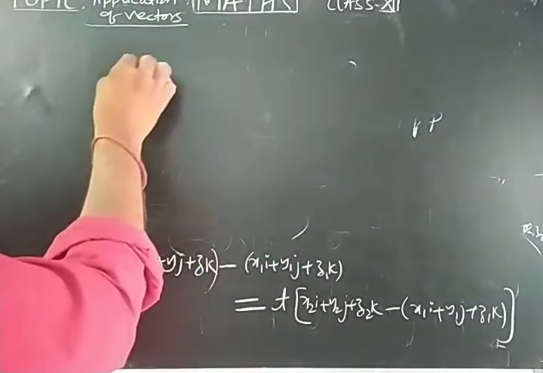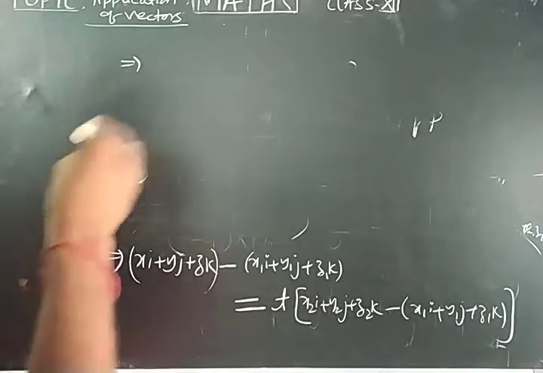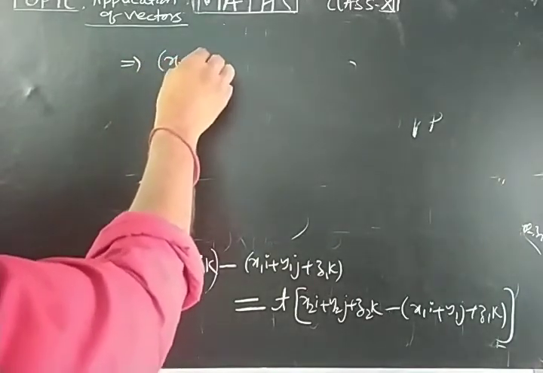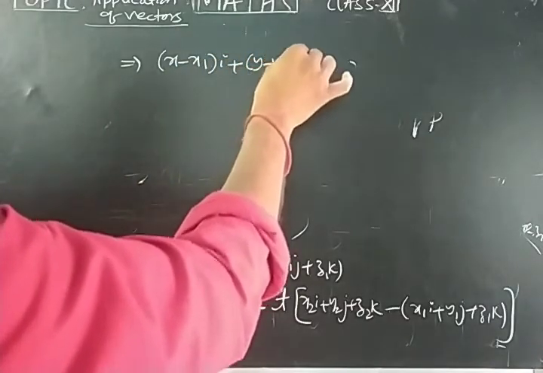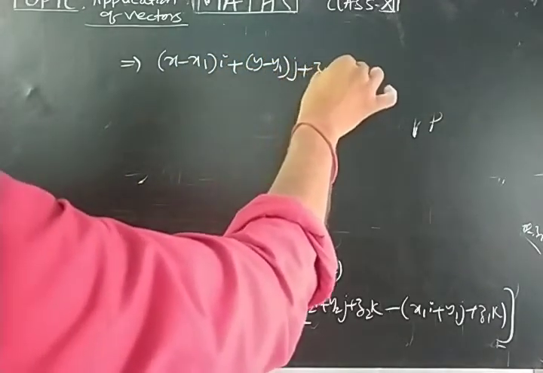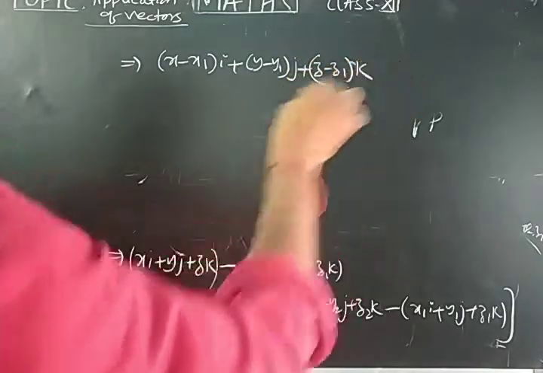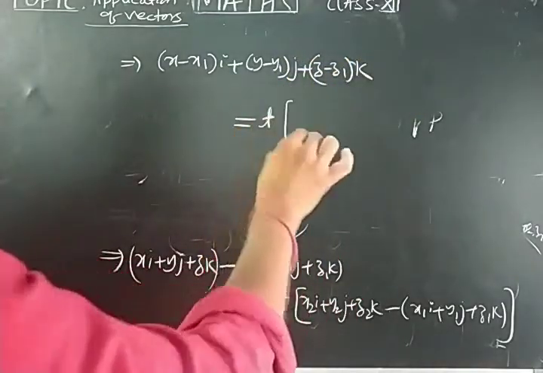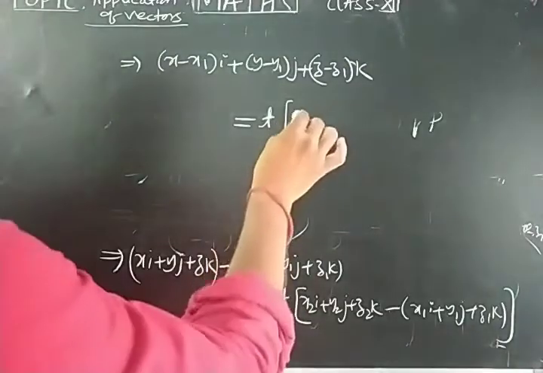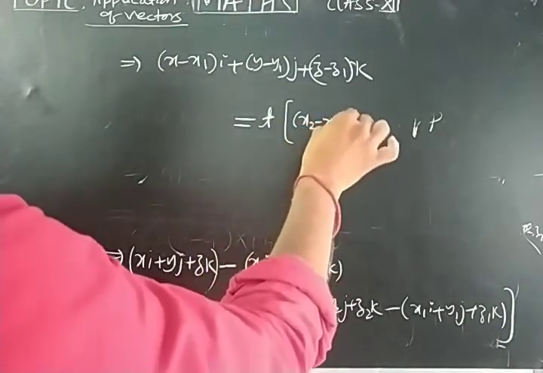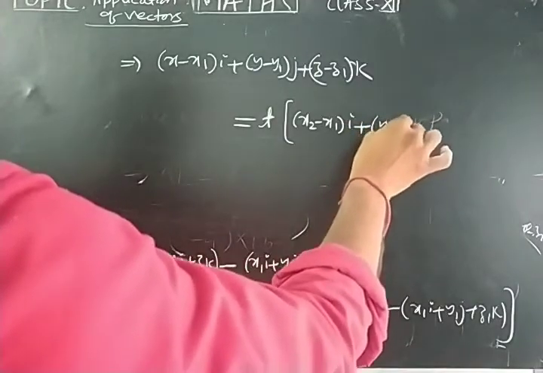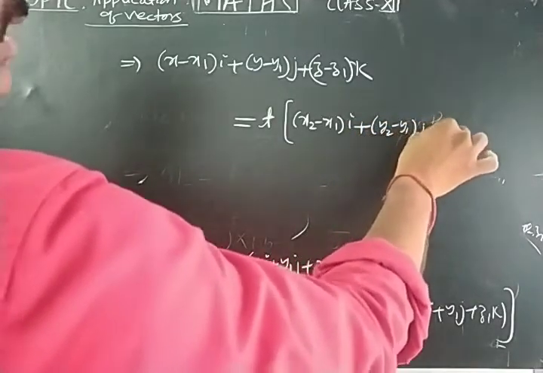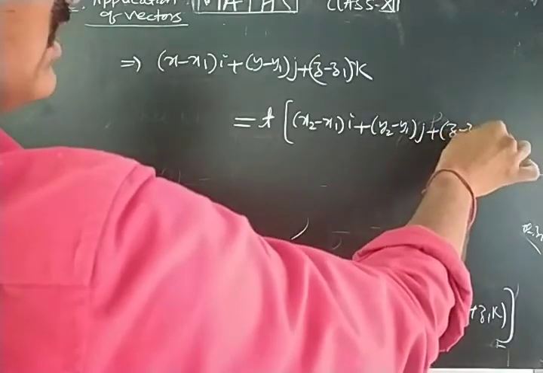Now, on the left hand side, what will you get by taking i common? (x minus x1) i plus (y minus y1) j plus (z minus z1) k is equal to t into, by taking i common, (x2 minus x1) i plus (y2 minus y1) j plus (z2 minus z1) k.